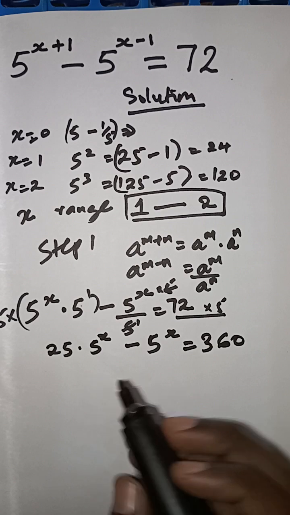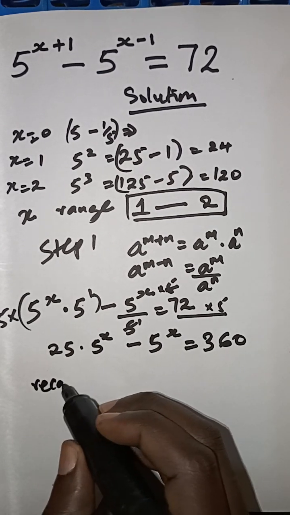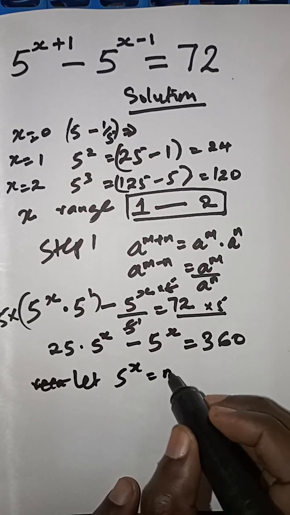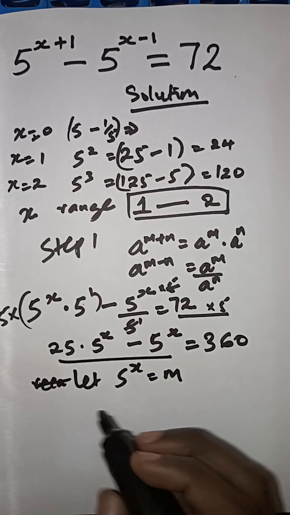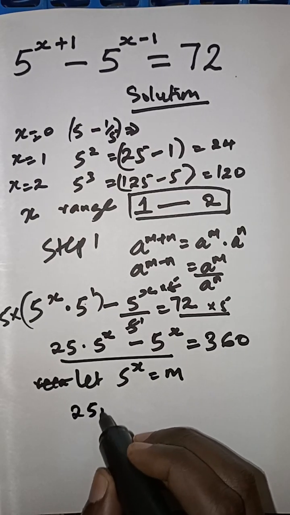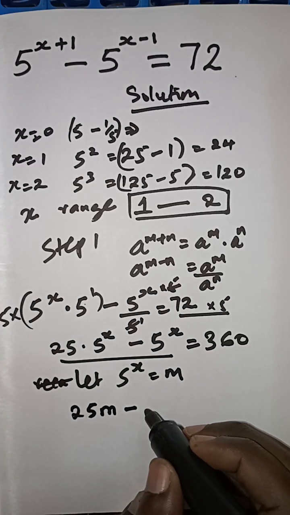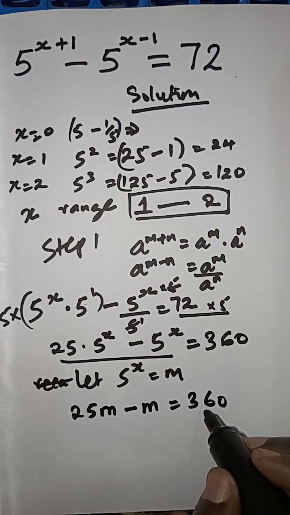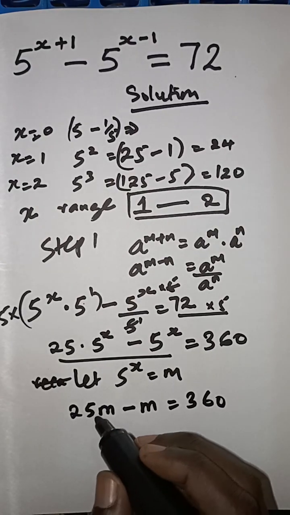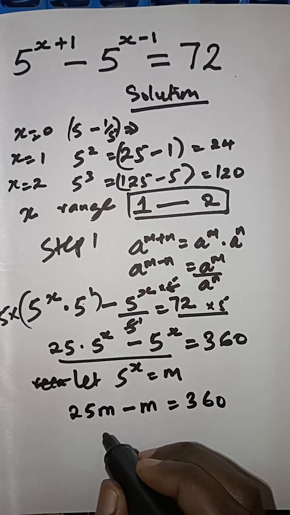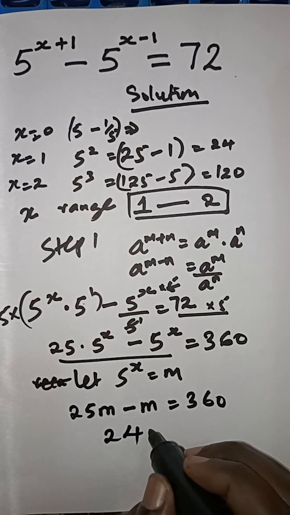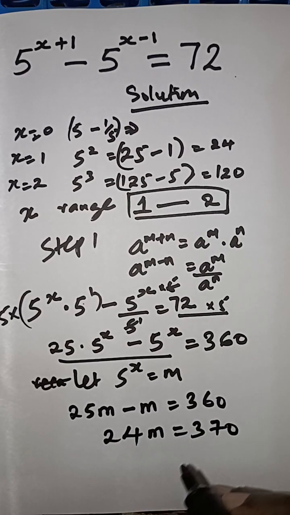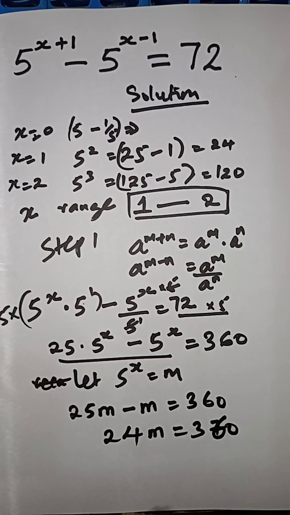At this stage, I'm going to let 5 raised to x be m, so that this equation changes to 25m minus m should give you 360. And then when you subtract, you're going to get 24m is equals to 360.